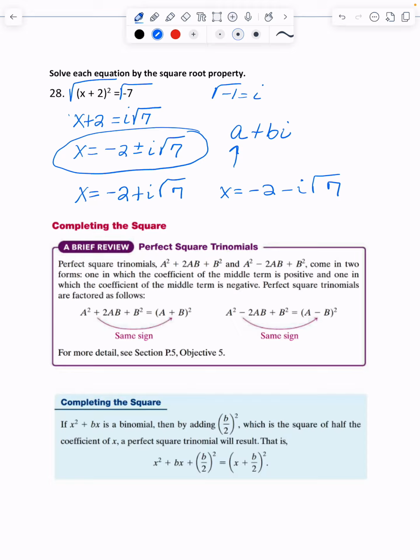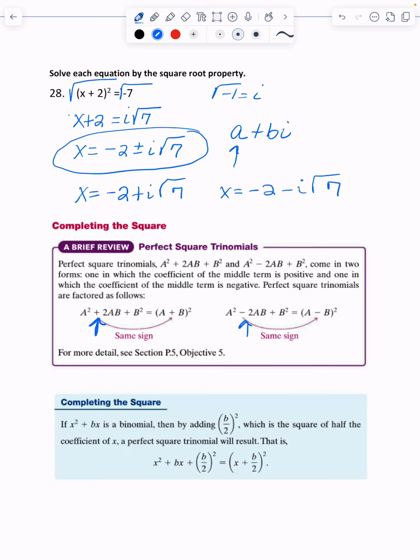The next way that we're going to solve quadratic equations is by completing the square. So I want you to remember that perfect square trinomials come in two different forms. One in which your middle term is positive, and one in which your middle term is negative.